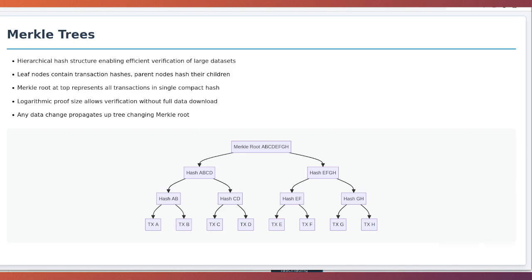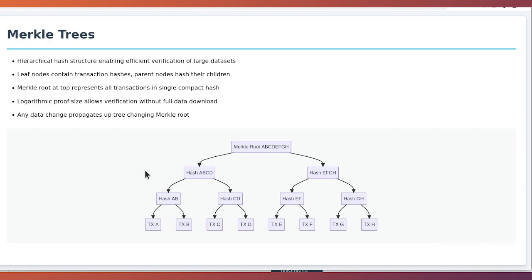Think of it as a tree built from hashes, where each leaf node represents the hash of a transaction, and each non-leaf node represents the hash of its child nodes, all the way up to a single hash at the top called the Merkle root.